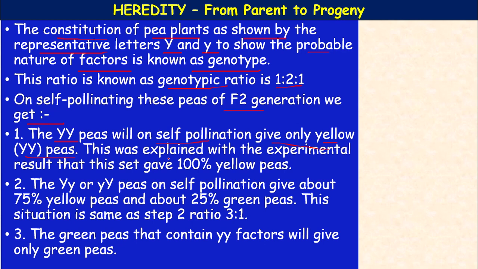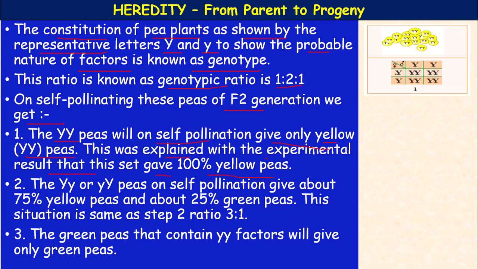This was explained with the experimental results, which gave 100% yellow peas. When capital Y are crossed, they produce all capital Y combinations only, so it is 100% yellow peas.